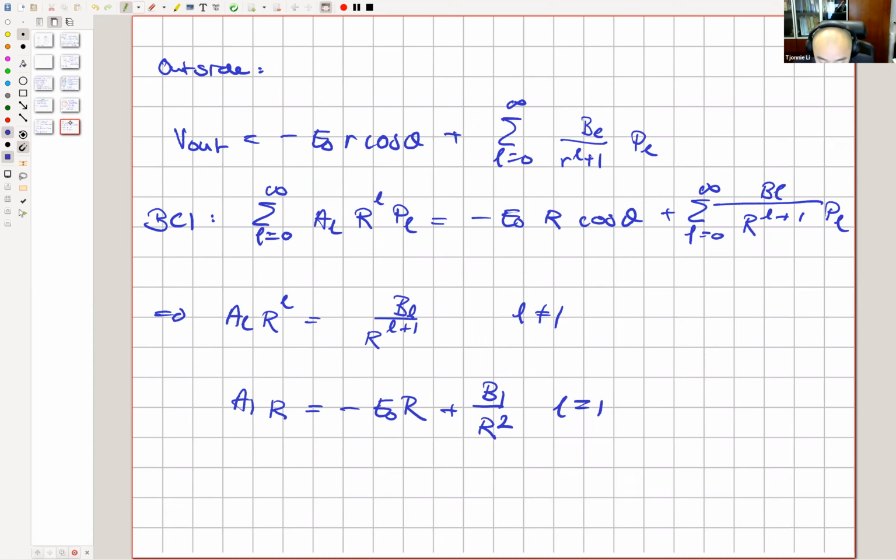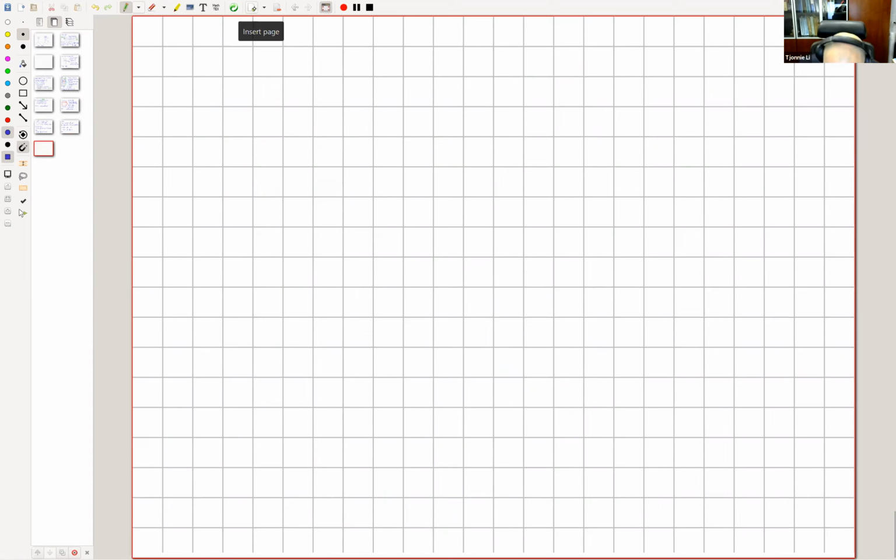So just as an example, if I do this and I do boundary condition 2, dot, dot, dot, then if you do this, again, please do try this at home, you get A_L equals B_L equals 0 for L not equal to 1.